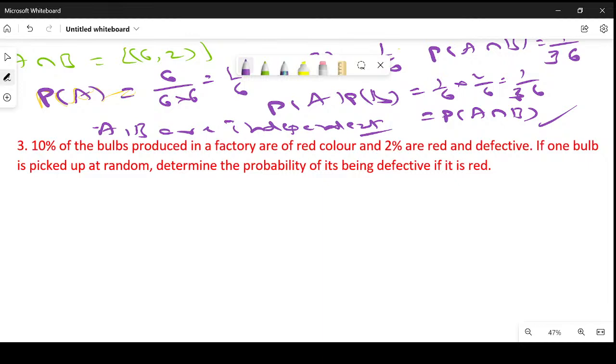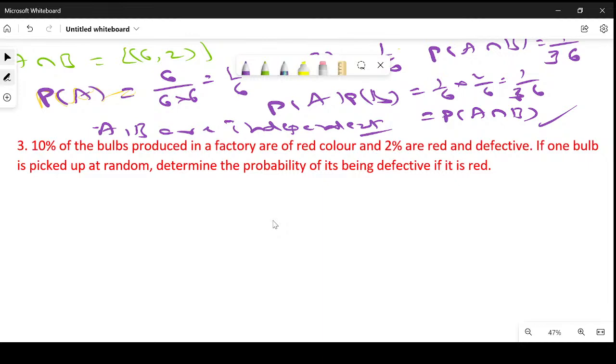Now the third problem. This is one of the important models. 10% of the bulbs produced in a factory are of red color and 2% are red and defective.